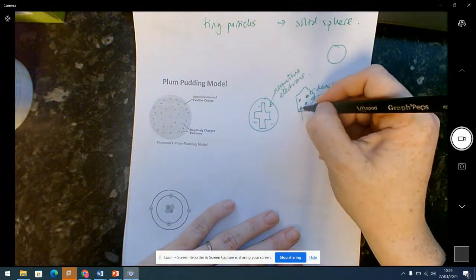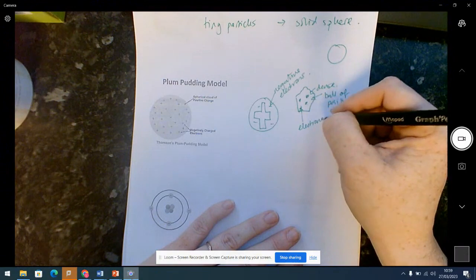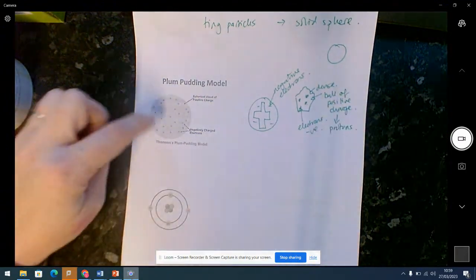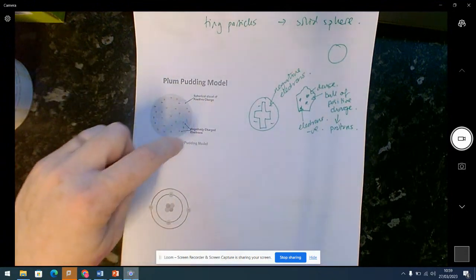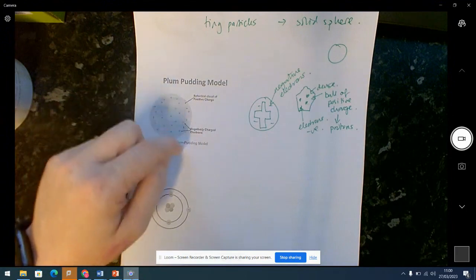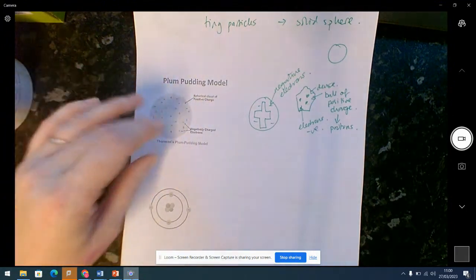On the model of my blueberry muffin, the blueberries here are the electrons, which we know are negative. So you can see that it's very similar to a plum pudding: a dense object with a ball of positive charge with electrons stuck into it.